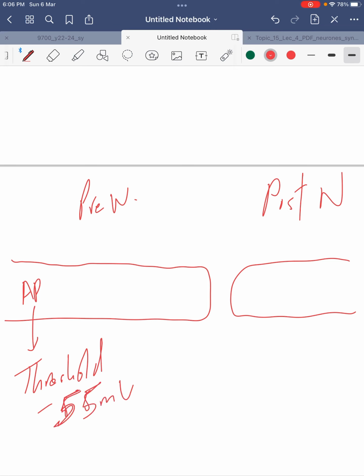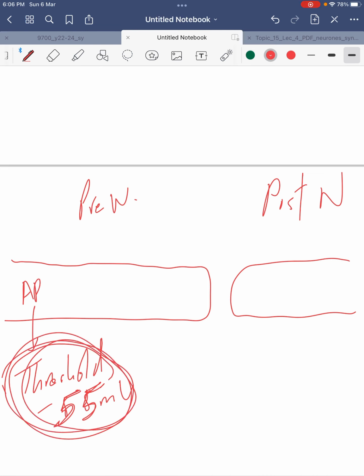Meaning the stimulus must have a minimum strength in order for action potential to occur. This is the reason why you are not aware if small creatures like ants crawl on your skin, because their weight is not strong enough to cause action potential to occur. It's not strong enough to be sensed by the receptor. So the stimulus must be at least minus 55 millivolts or higher. Below this, it will not cause action potential.